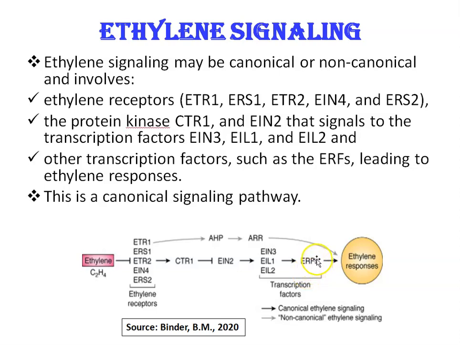They are other transcription factors, ultimately leading to ethylene responses, right? So here we have ethylene, ethylene receptors, protein kinases, then transcription factors, then other transcription factors, and ultimately ethylene responses. So this straight pathway is called the canonical signaling pathway, right?